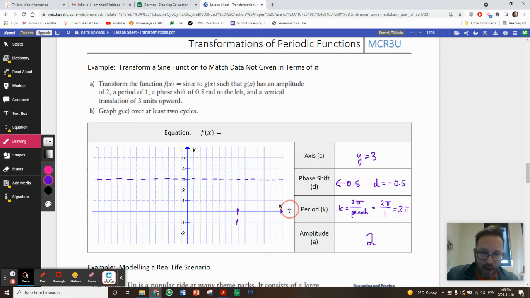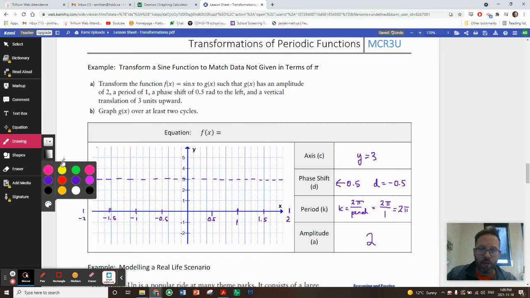I'm going to make every 8 ticks 1 unit. Yeah, I think that'll work out good. I'll even add in 0.5, 1.5, negative 0.5. Of course, when you're practicing at home, you can make the scale that fits best for you. Negative 1.5 there, and then just a little bit off would be negative 2. That's okay. All right, so let's graph this guy.